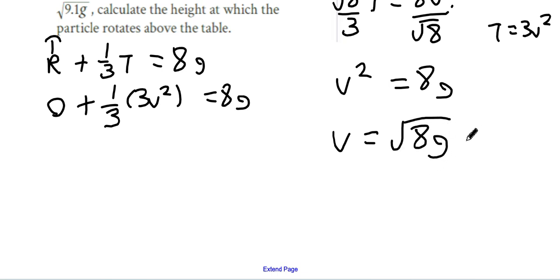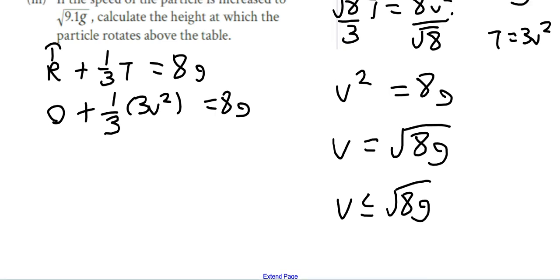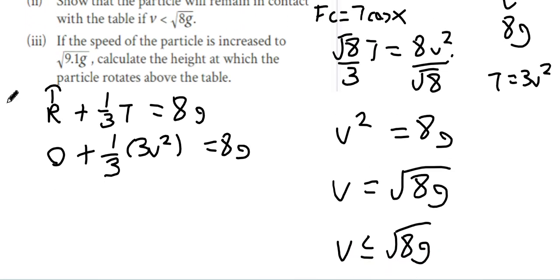However, any faster than that, I leave the table, don't I? So it's just v less than or equal to. Actually, let's read it. It has to remain in contact. So if it equals the R value 0, it has to be less than. Everybody got that?